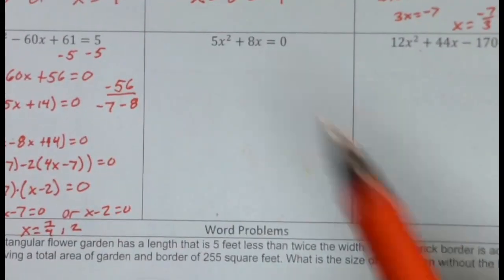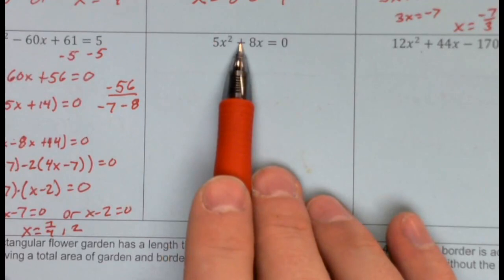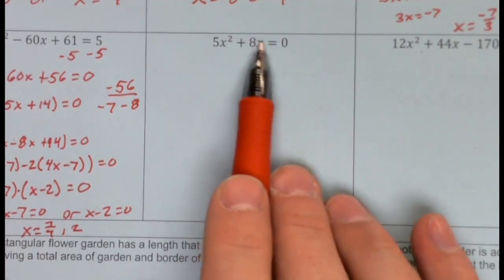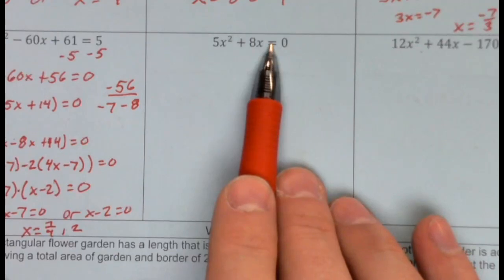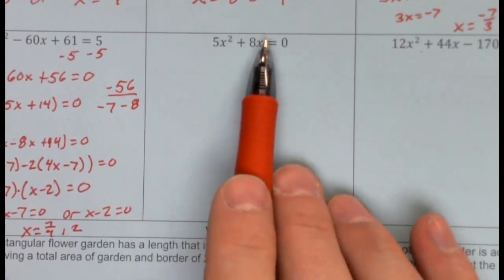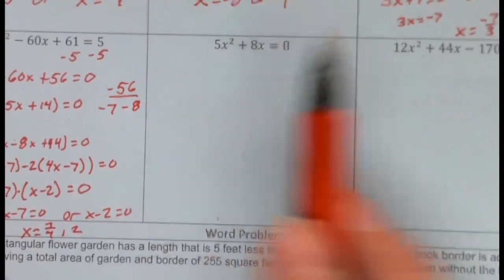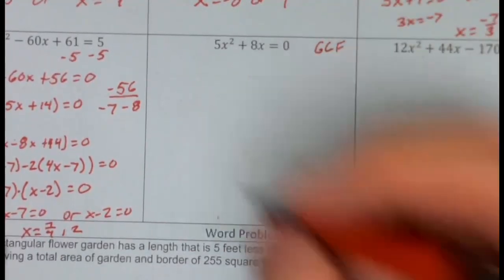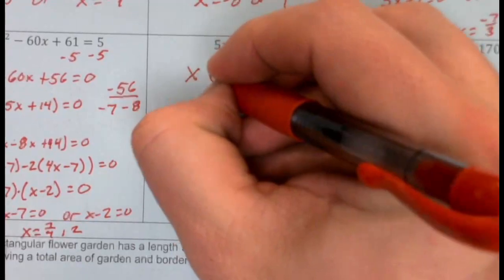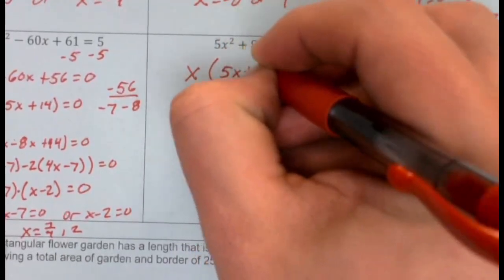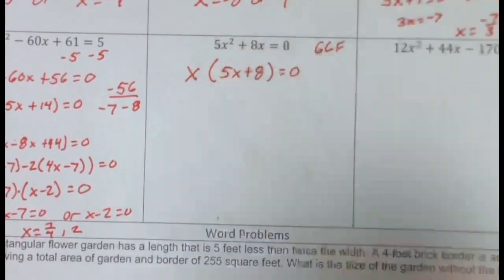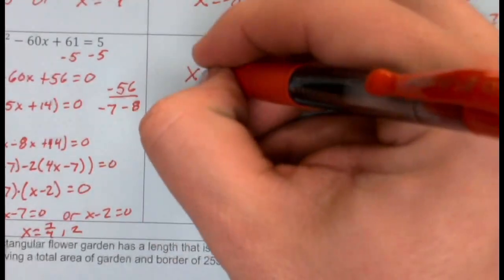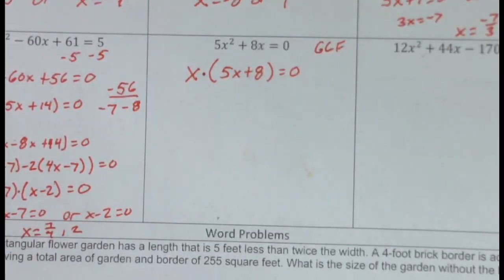Middle problem. It's got two terms, but it doesn't have a C term. It will be a plus 0. So we can't use the AC method if there isn't a C. So the only way we can factor this is greatest common factor. We're going to take an x from both of them. Because we took an x from both of them, there's our multiplication dot.